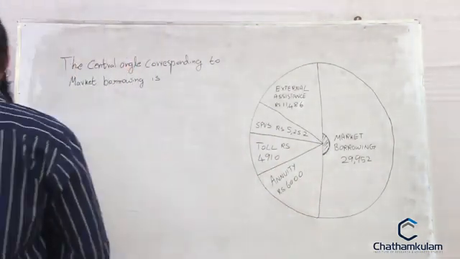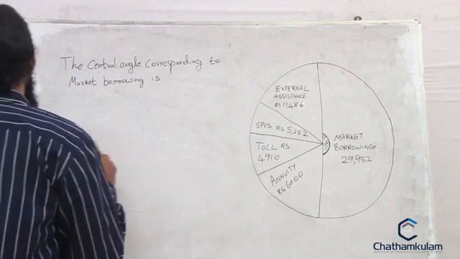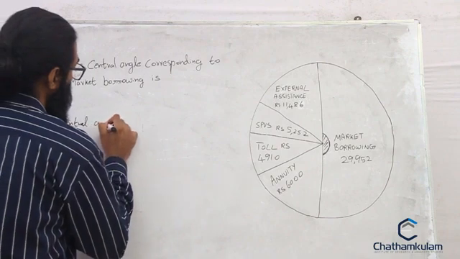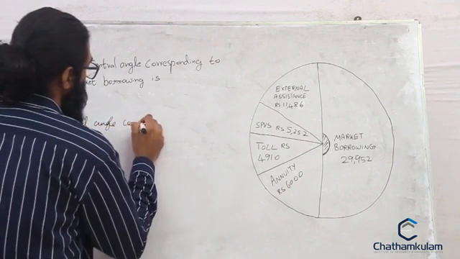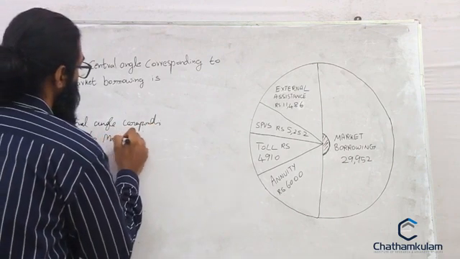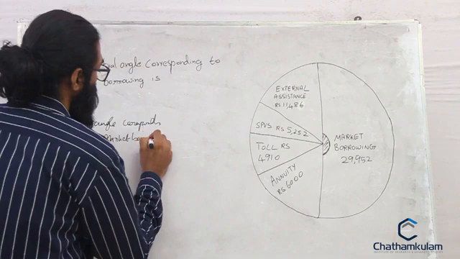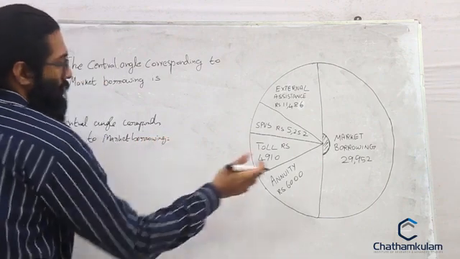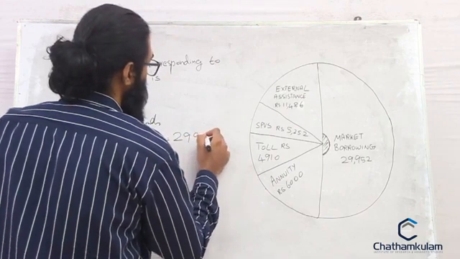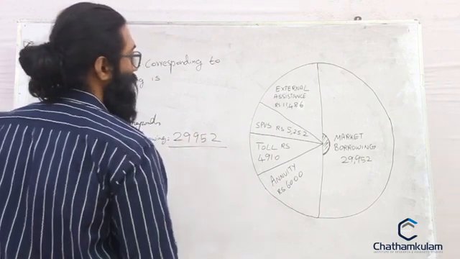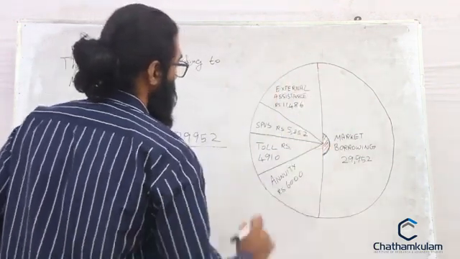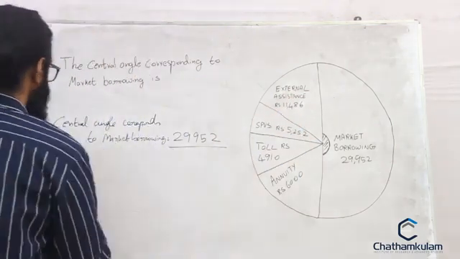So we can write it here as central angle corresponding to market borrowing equals, what is the amount here? It's 29,952 divided by the whole sum of rupees in the pie chart, right? So we add the whole rupees here.